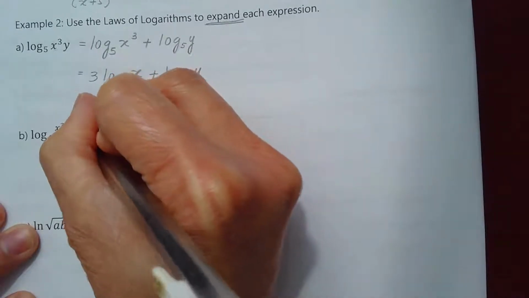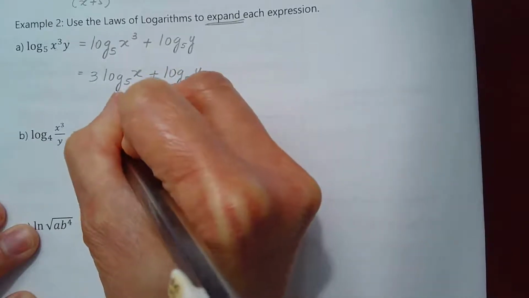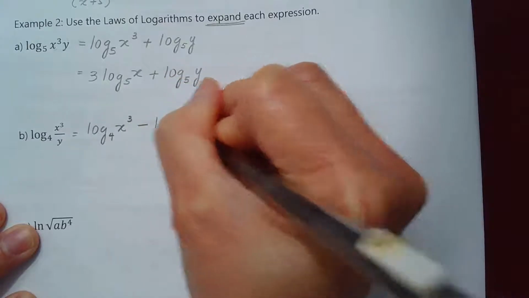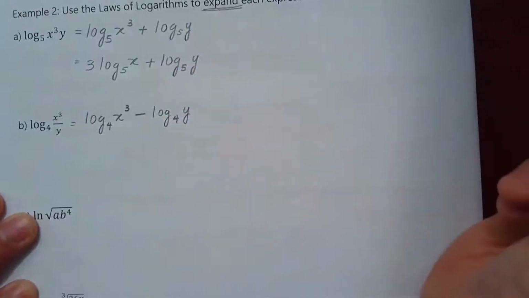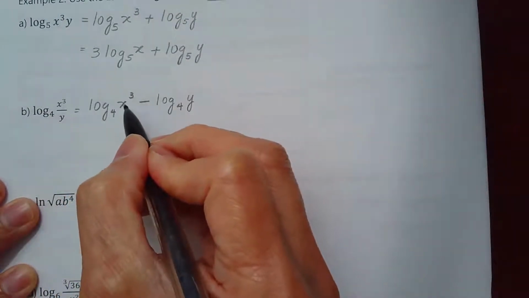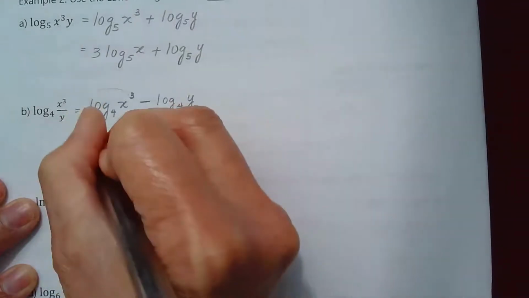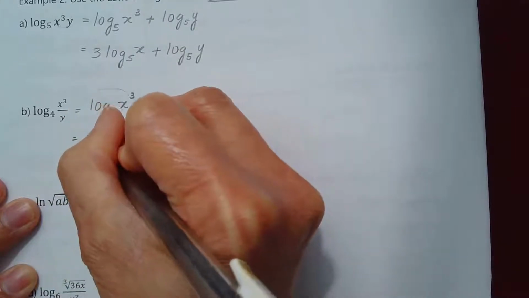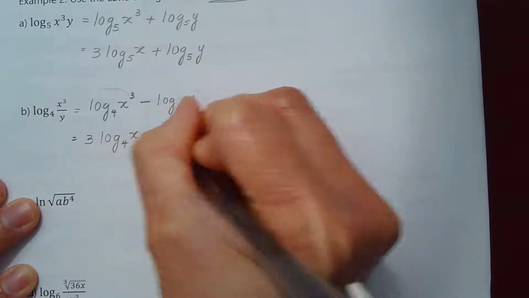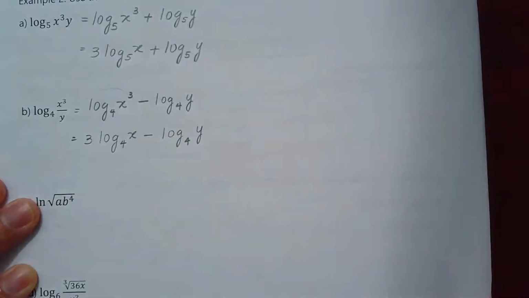So that becomes log of x cubed base 4 minus log of y base 4. Okay, and now here I can see that this is x cubed. We can rewrite that by bringing this out to the front. So it's going to be 3 times the log of x base 4 minus log of y base 4. Okay.